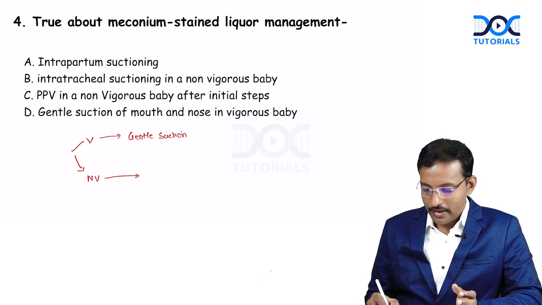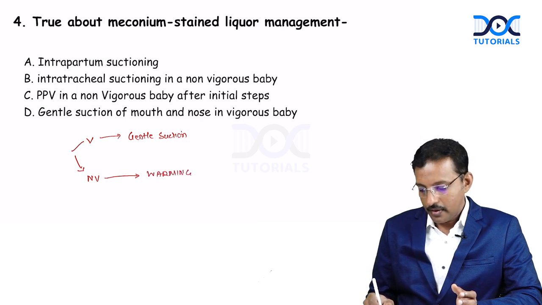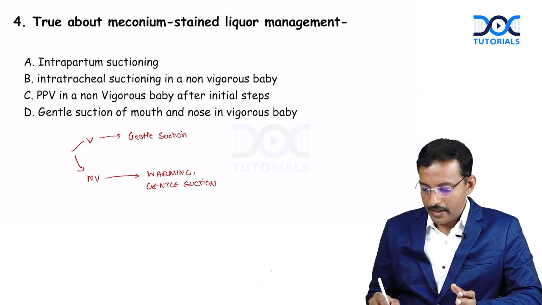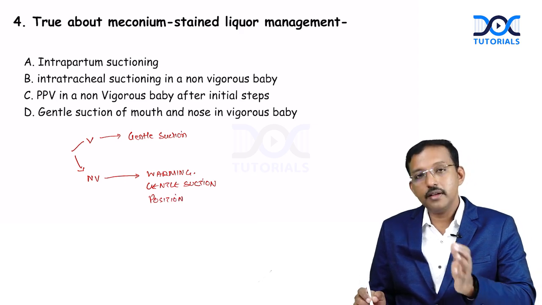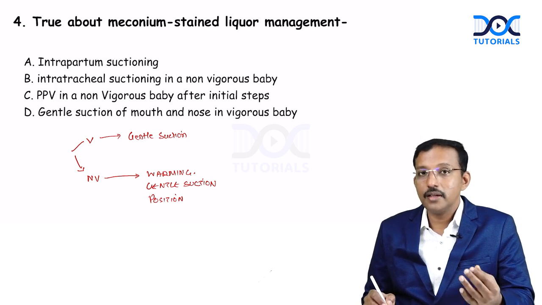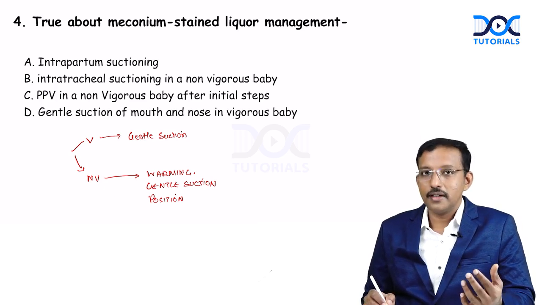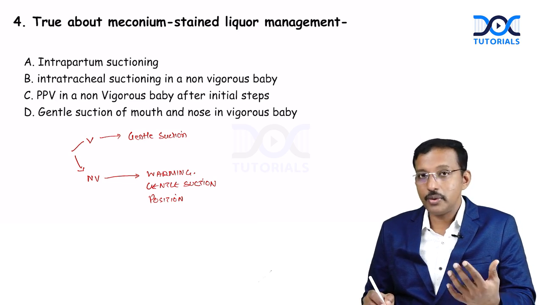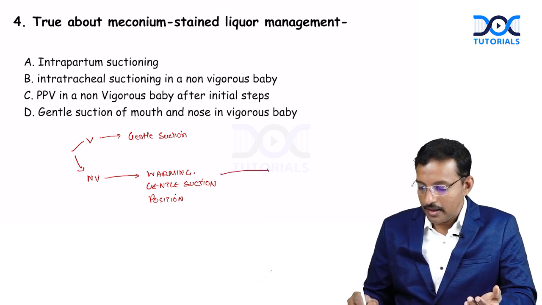The most important point is to do warming, then gentle suction, only onto the mouth, and then drying and positioning the baby in a comfortable position. In a non-vigorous baby, as you all know, the breathing pattern is also not good. If the breathing is not good, we have to assist this patient. This is done by giving positive pressure ventilation.